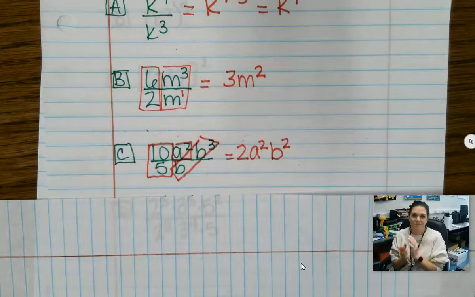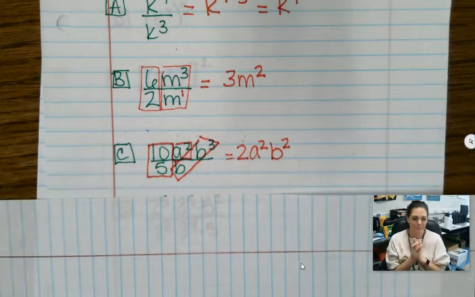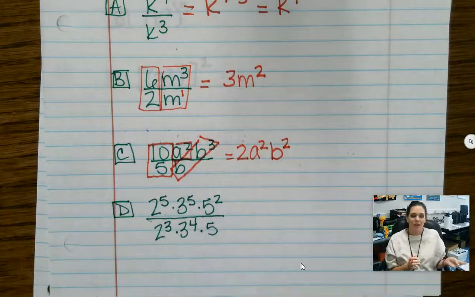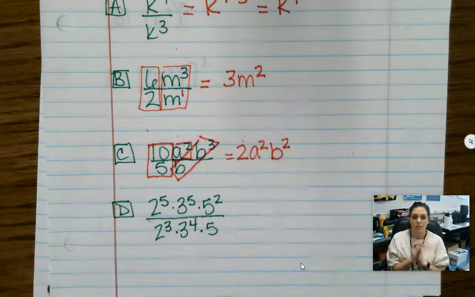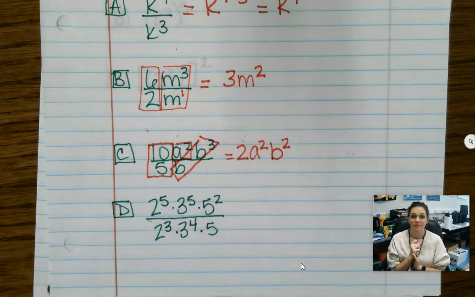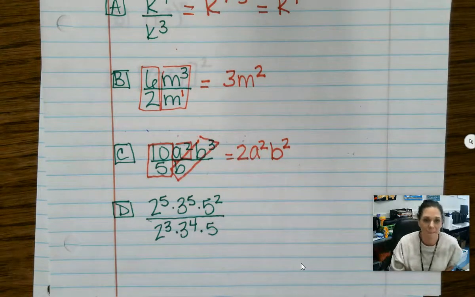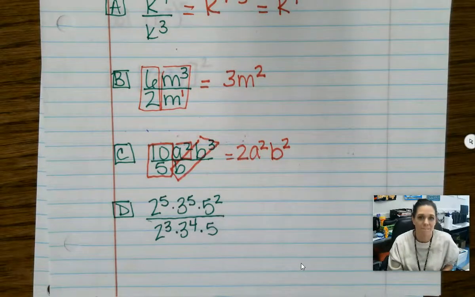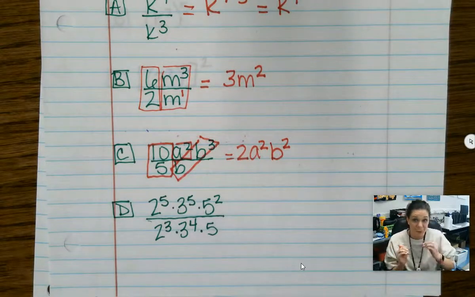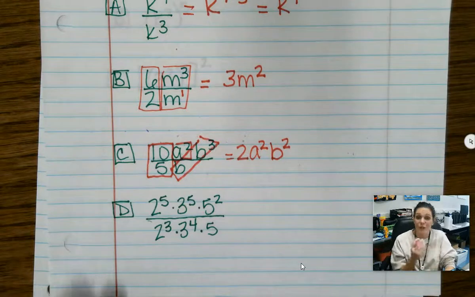All right, one more. You can do it. All right, we have 2 to the 5th times 3 to the 5th times 5 squared divided by 2 cubed times 3 to the 4th times 5. So again, we need to focus in on the bases. And those that are alike, those are the ones that we can apply the rule to.